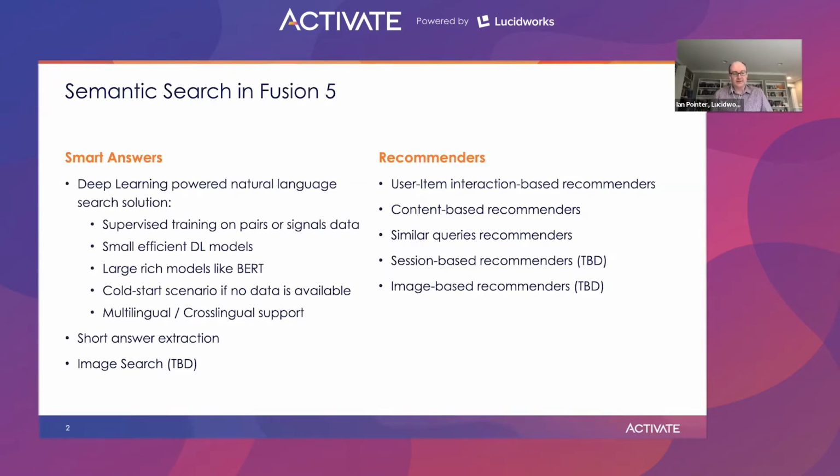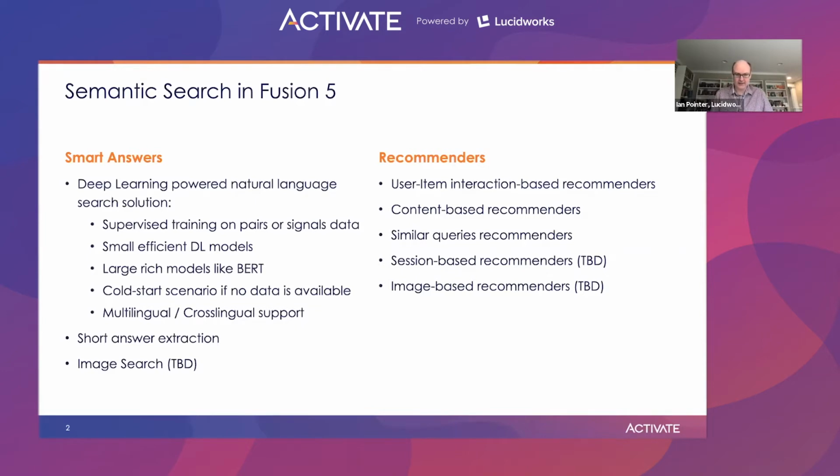Over on Smart Answers, this is our deep learning powered natural language search solution. It provides supervised training on question answer pairs or signals data, but we also provide a cold start solution if you don't have any of that information immediately to hand. We offer our own custom, small and efficient deep learning models. We also support larger, rich models like BERT.